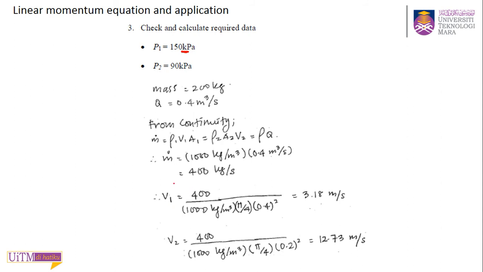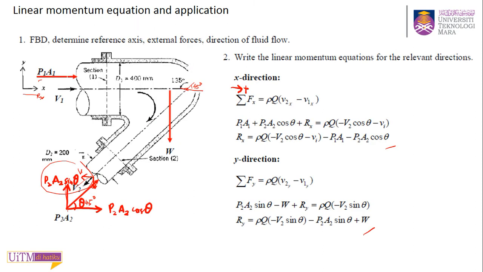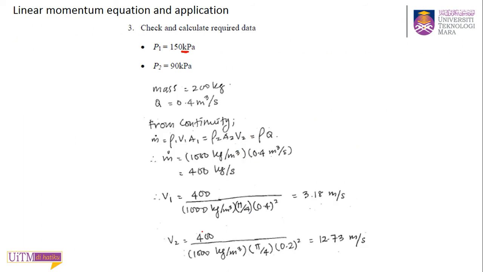And to find the V1, because they did not give you the V1 and V2, they gave you the diameter, the area A1 and A2. So you can find your V1 and V2 from the continuity equation. You have m dot 400, divide by rho times A. m dot divided by rho times A1, you will get your V1, and m dot divided by rho times A2, you will get your V2.